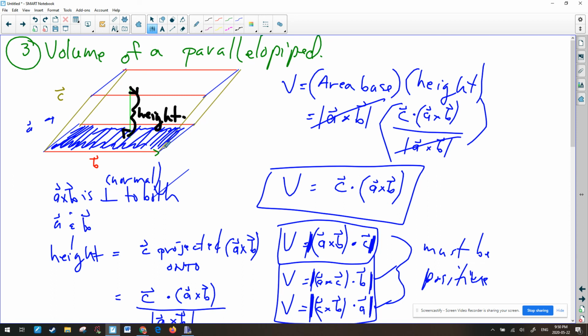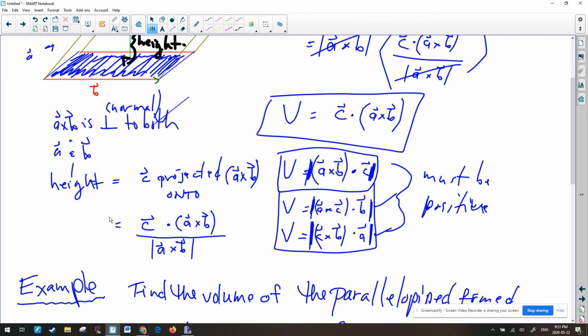And so we could find the area of any one of those faces pretty easily. The area of AB is just the magnitude of A crossed with B. And then the area of AC would be the magnitude of A crossed with C, and then the magnitude of C crossed with B, and you double each of those and add them up, and you're good to go, right?